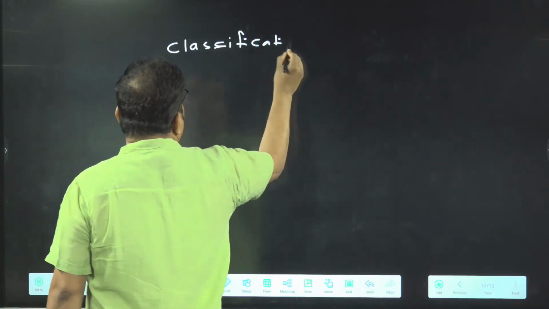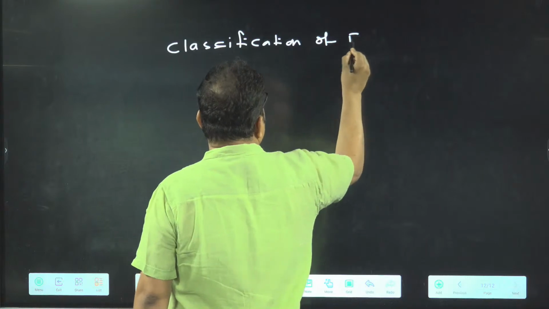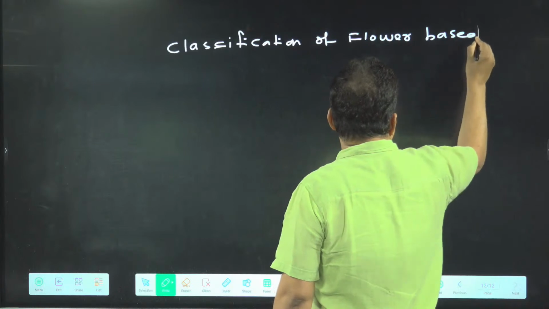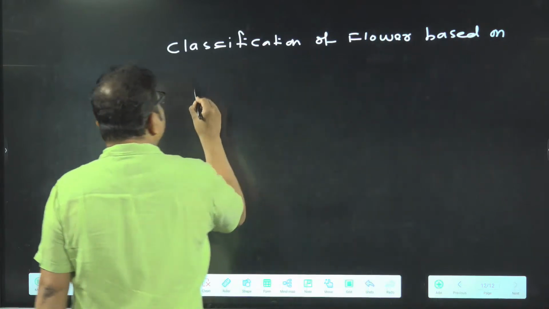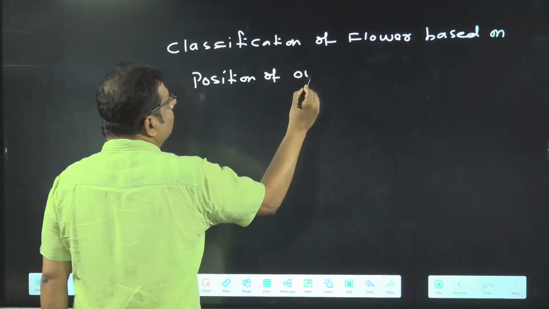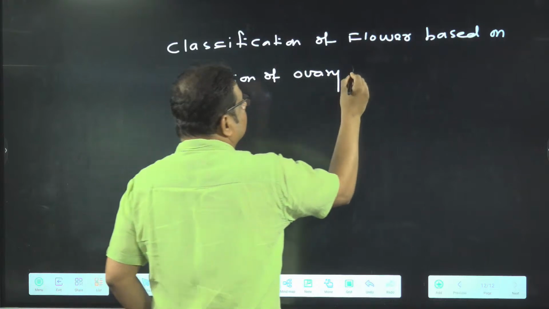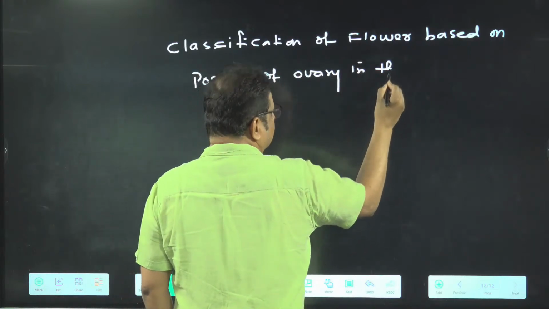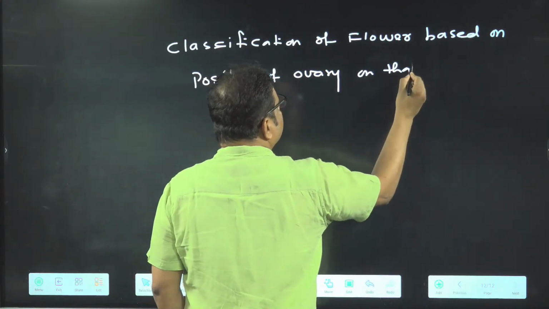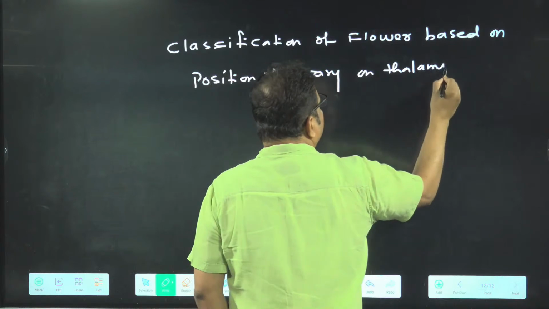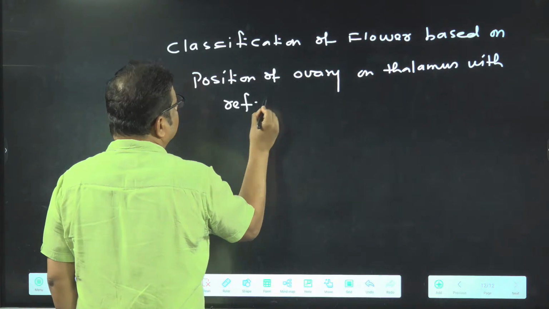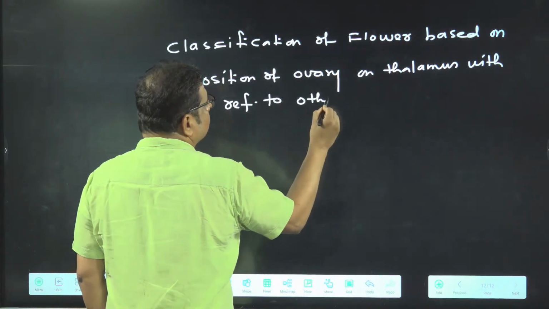Now have a look. Classification of flowers based on the position of the ovary on the thalamus with reference to other whorls.